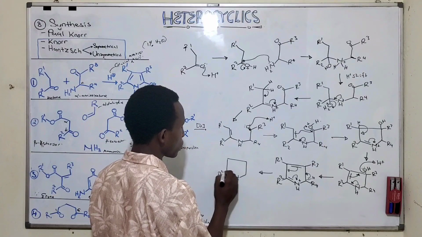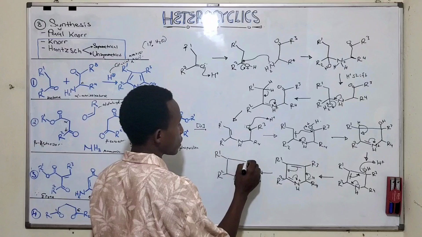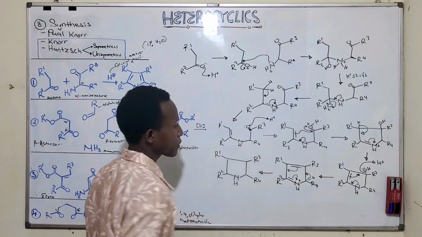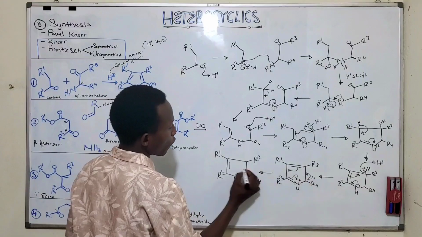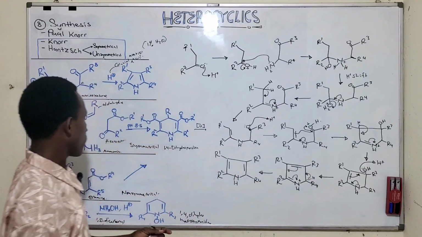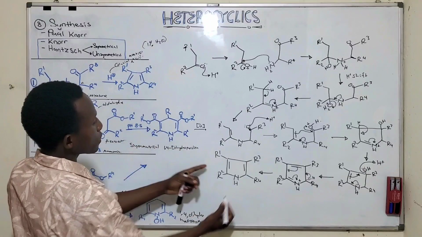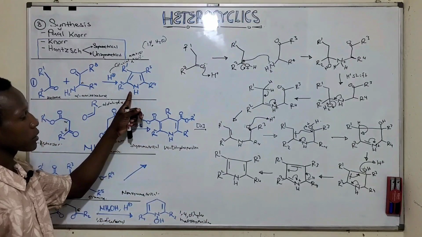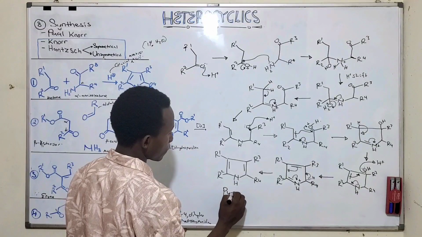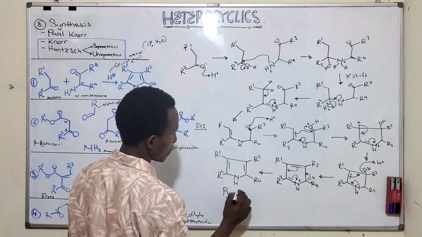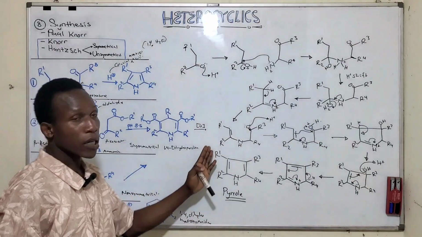Here we have R2, R4, R1, R3. A bond here. Then we have formed a bond here. This is the pyrrole. It is the pyrrole now. Pyrrole is formed.